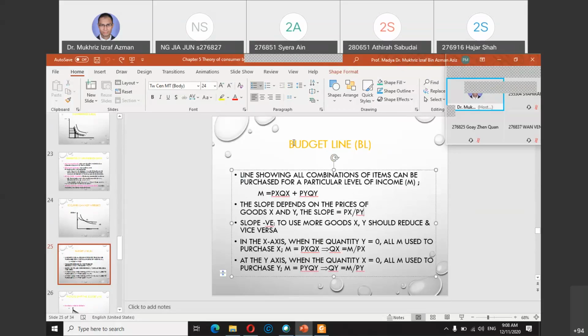When you plot on the two axes, X and Y, you get a straight line, a downward sloping straight line, whereby the value of the slope is equal to the ratio of the price of X over Y. So usually your budget line will have a negative slope because it's a downward sloping line, just like a demand curve. Because it's downward sloping, the value of the slope will always be negative.